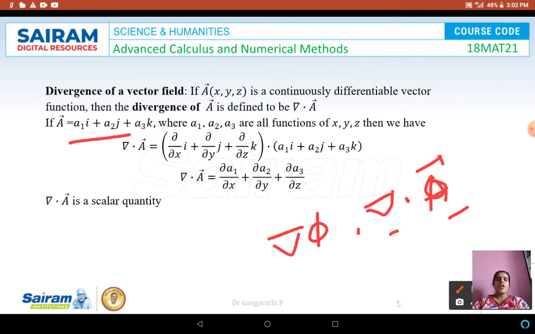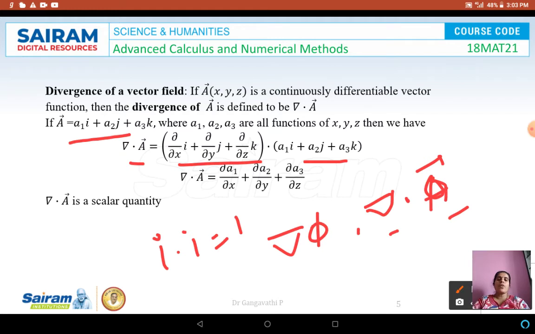Then del dot A, where del is dou by dou x i, dou by dou y j plus dou by dou z k cap, has a dot product with vector A, which is a1 i plus a2 j plus a3 k cap. When we do the dot product between them, i dot i becomes 1. Similarly, j dot j is 1 and k dot k is 1.